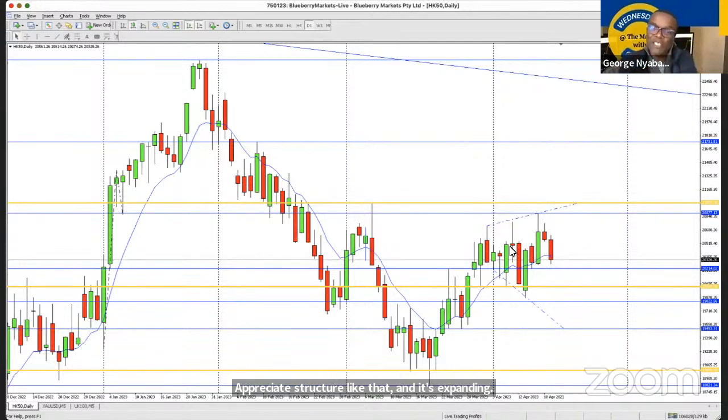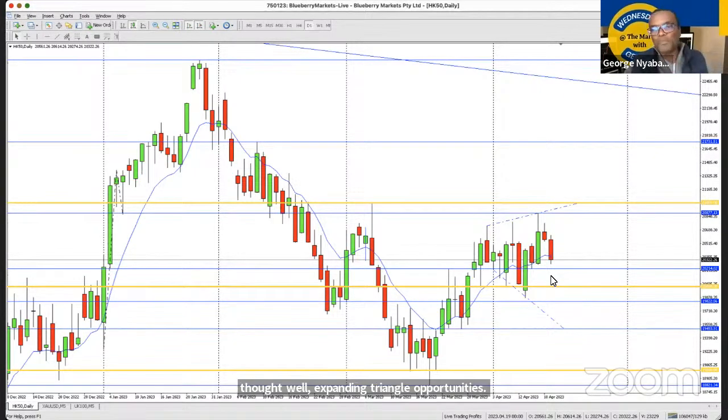Anytime you see an expanding triangle, it is a potential reversal pattern, reversal structure. The market would likely reverse at either of the extremes. So up here, the bears will be selling, and down here would be a target for the bulls to start reversing the market. So I thought, well, expanding triangle, opportunities for us in the market.